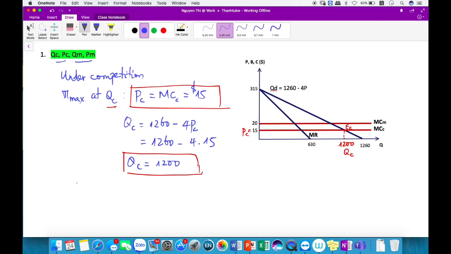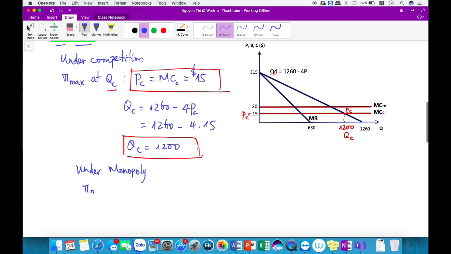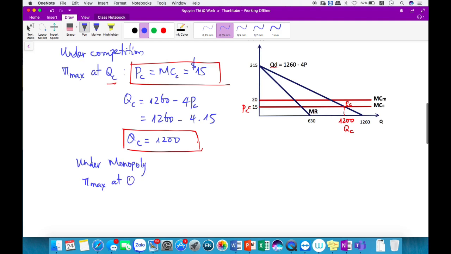Next, under monopoly, the firm will try to maximize its profits by producing at the output we call QM, at which marginal revenue equals marginal cost. But marginal cost under monopoly is MCM equal to $20.